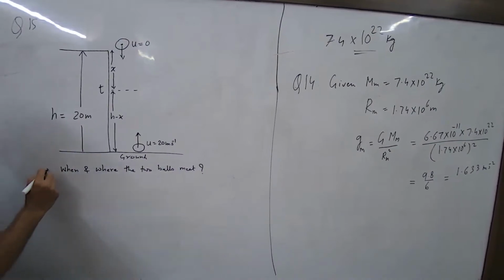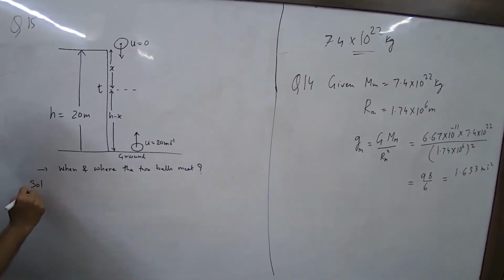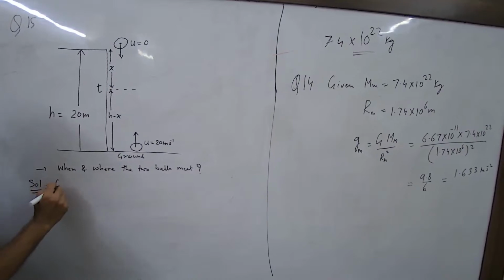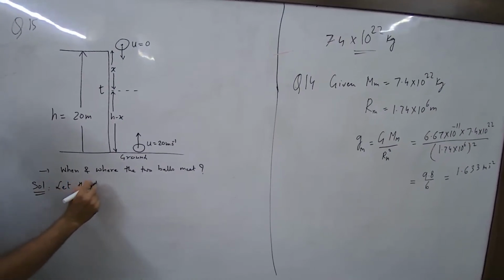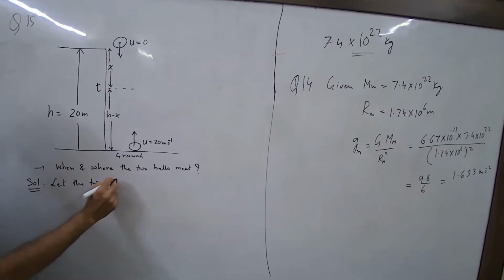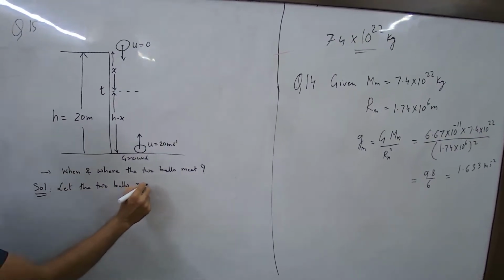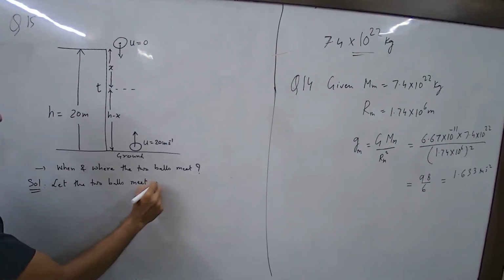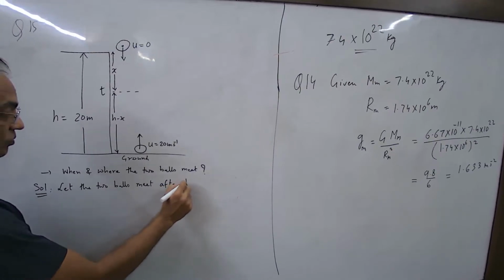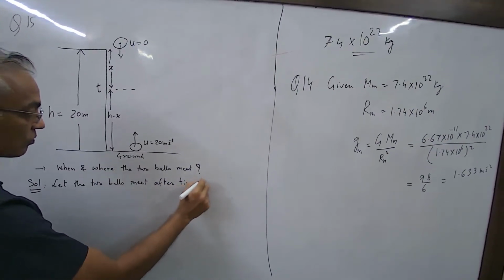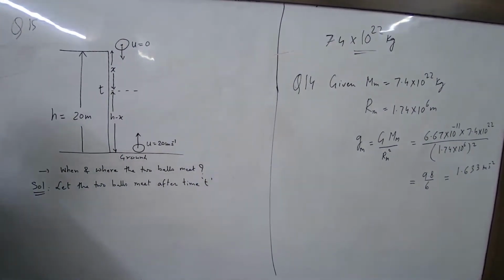So उसका आंसर में क्या लिखेंगे? Solution. Let the two balls meet after time t. ठीक है?